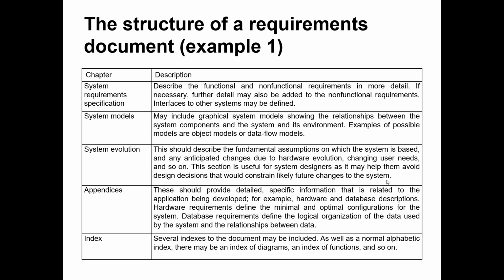So what this tells you is, if the software is to be used in another environment with other hardware, then it states some assumptions that are necessary when you need to make these changes. Okay.